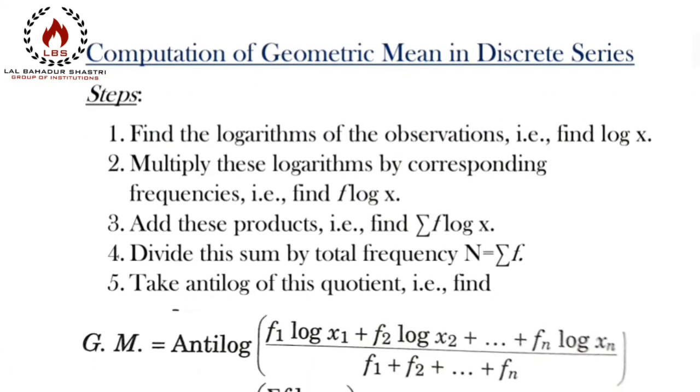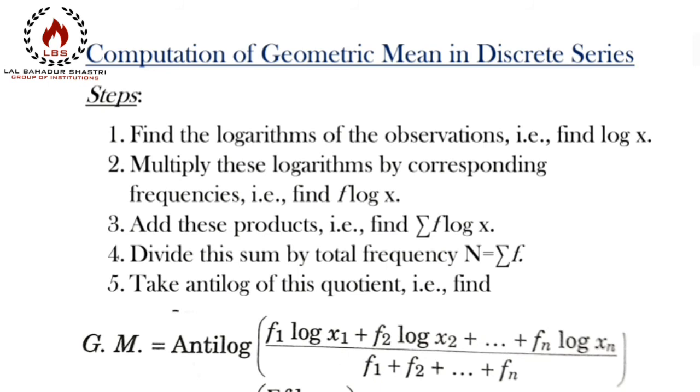So we have discussed the method of finding geometric mean in case of individual series. Now if you get a discrete series, most probably you will never get a discrete series for finding geometric mean. And in case of harmonic mean also, you will only get individual series.